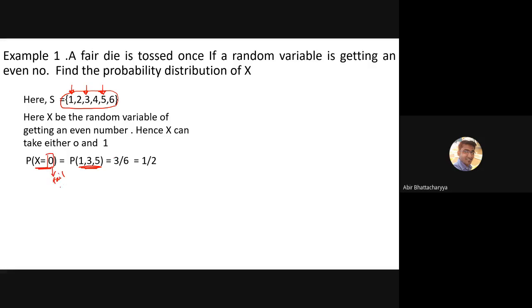Fail means odd numbers, right? Because we want the random variable to get an even number. That is our success. Getting an even number is a success. So x equals 0 means the probability of getting 1, 3, 5.